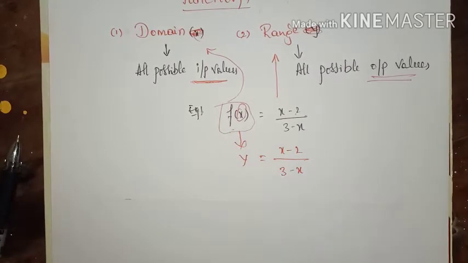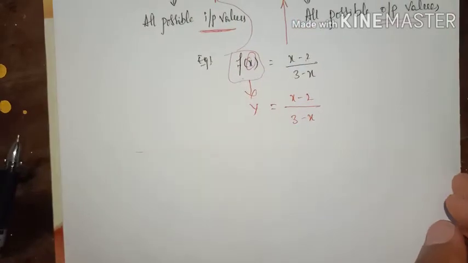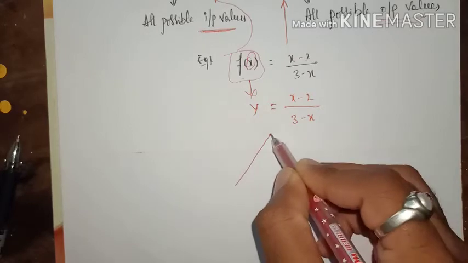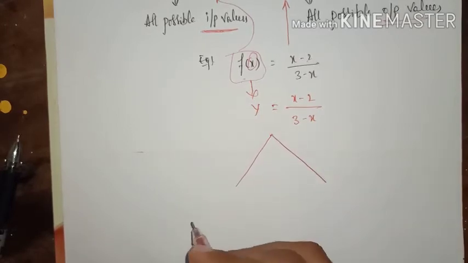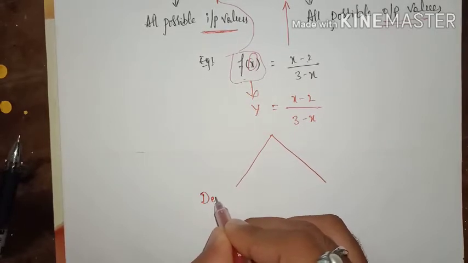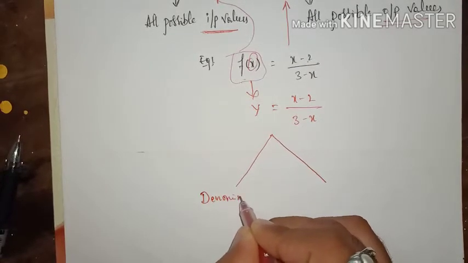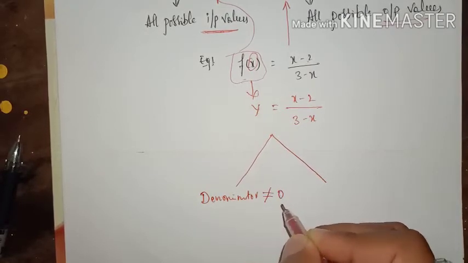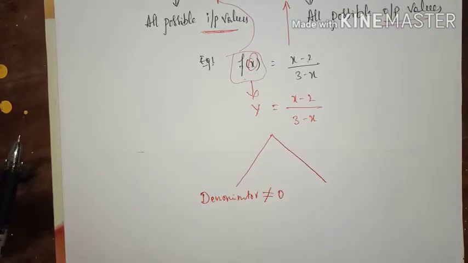There are two things that you're supposed to remember here. Especially in this denominator, it must not be equal to 0. Remember this, the denominator should not be equal to 0. That's one important point.